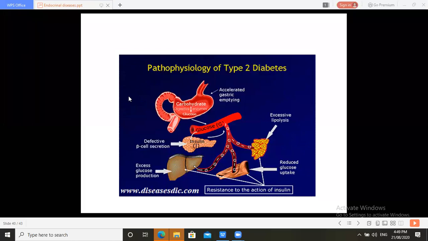Genetic susceptibility and autoimmunity are involved in type 1 diabetes mellitus, and so there is destruction and reduction in the size and number of islets.